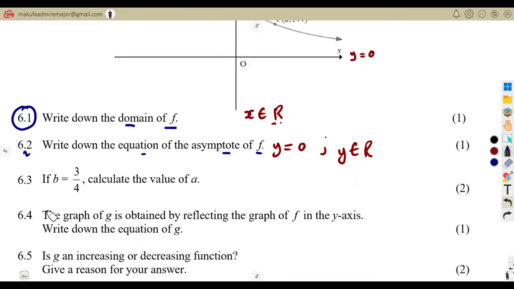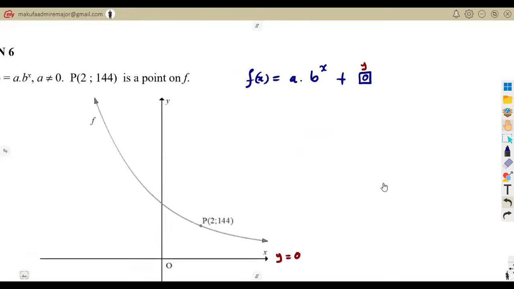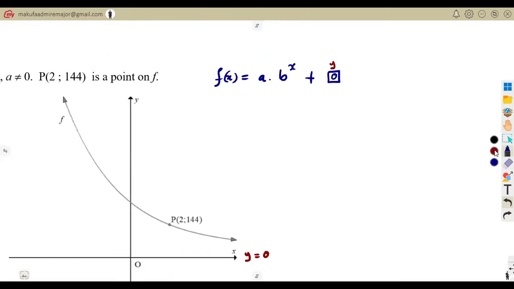Then if b is 3/4, on question 6.3, they are giving you a certain value to use, 3/4. Calculate the value of a. All right, so we just need to substitute this b in place of b. Remember, that's our f of x that we are given there. So that's 6.3.